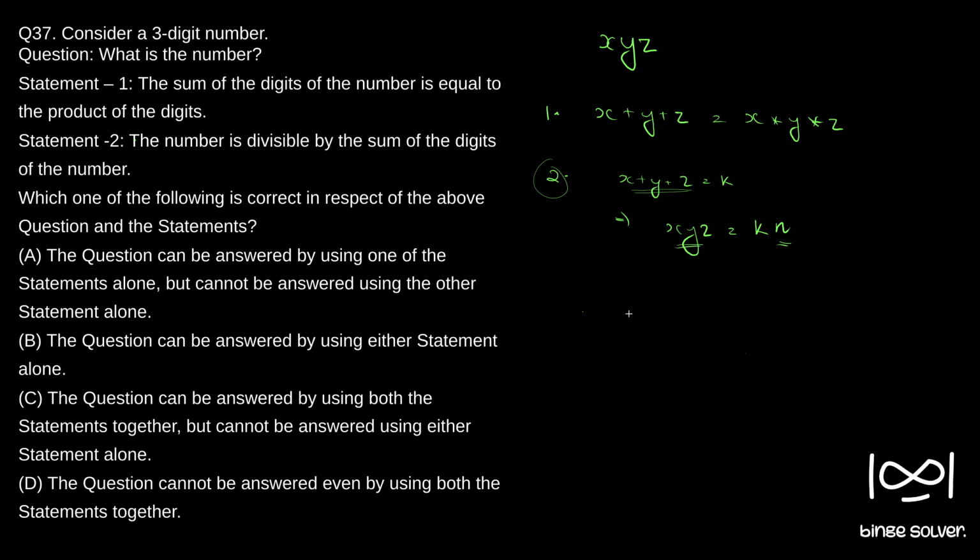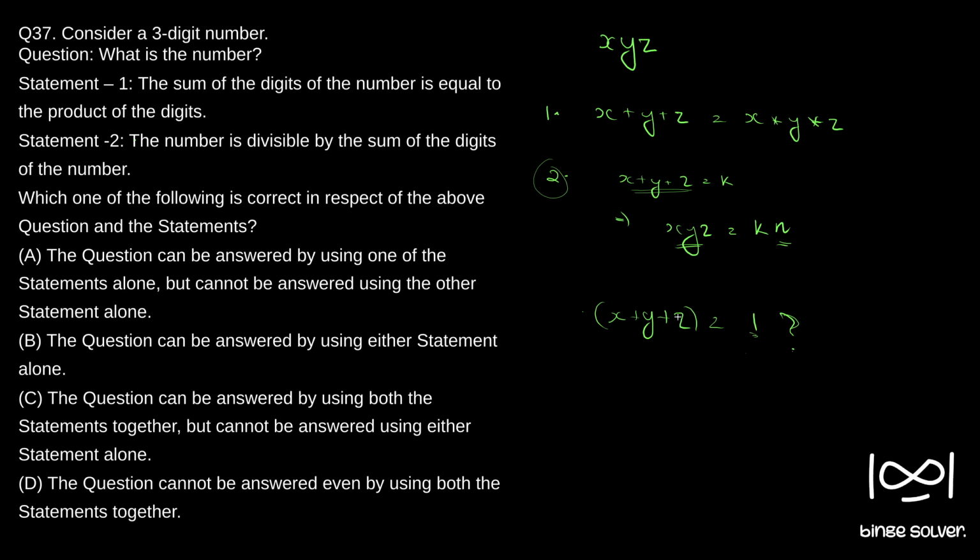So let's think. The sum x plus y plus z can be 1. Can it be 1? If it is 1, we will have plenty of numbers, since any number xyz will be divisible by 1.